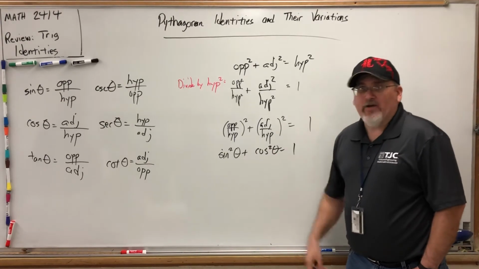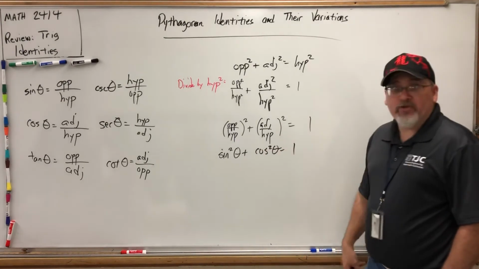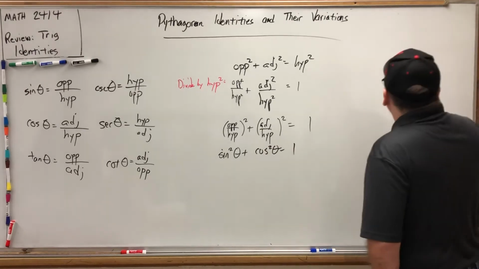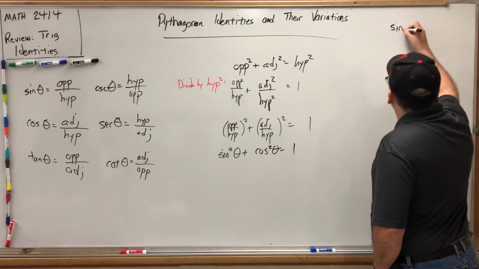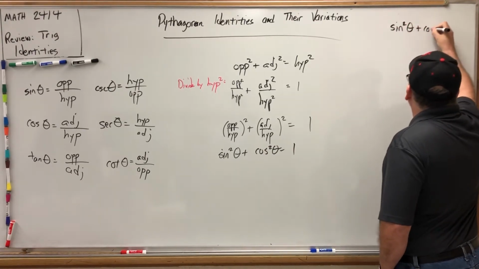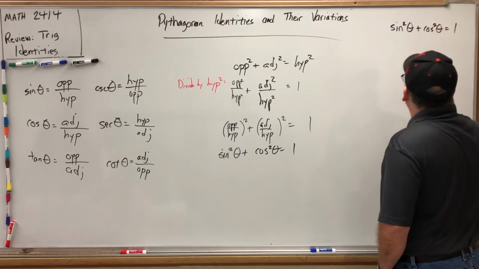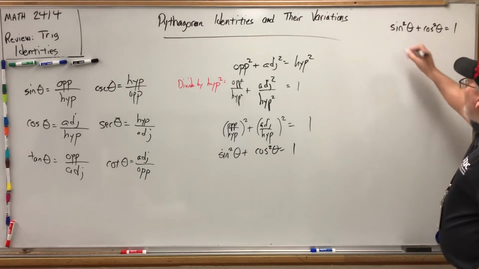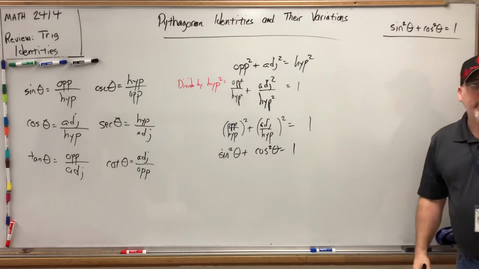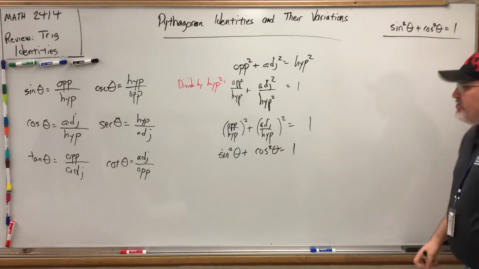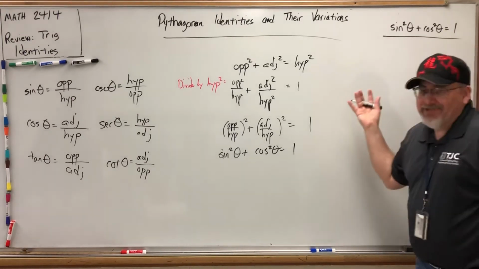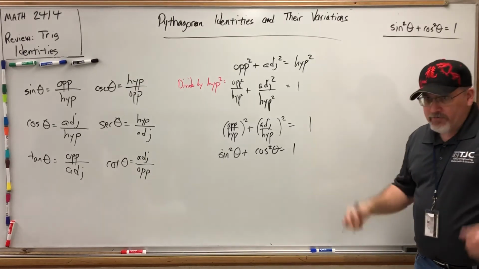It doesn't really matter. As long as they match, then the sum of their squares is going to be equal to 1. Let's put that over here. Sine squared theta plus cosine squared theta is equal to 1. All right, so this is one of the big ones, but it does come in a few variations. And what I mean by variations is just this equation, this identity with pieces moved around, terms moved around.